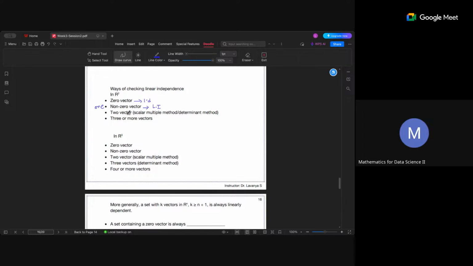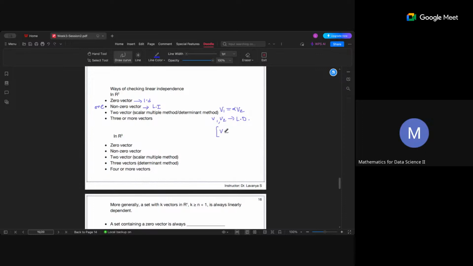If you have two vectors, there are two ways to check. Of course, the first method is the scalar multiple method. If you are having two vectors v1 and v2, and if v1 is alpha times v2, you know that v1, v2 are linearly dependent. And if it is not a scalar multiple, then you know that they are linearly independent.